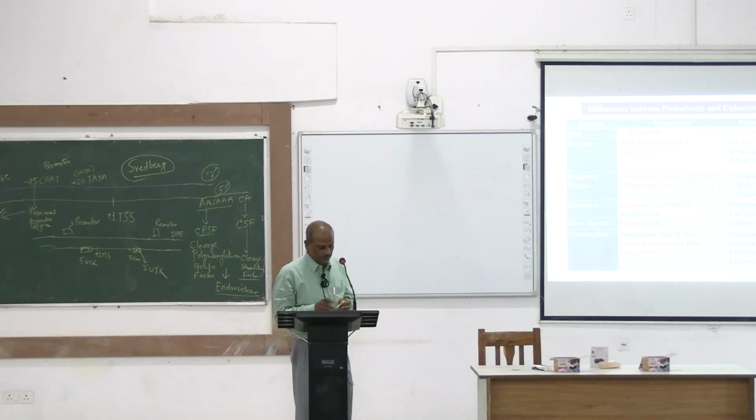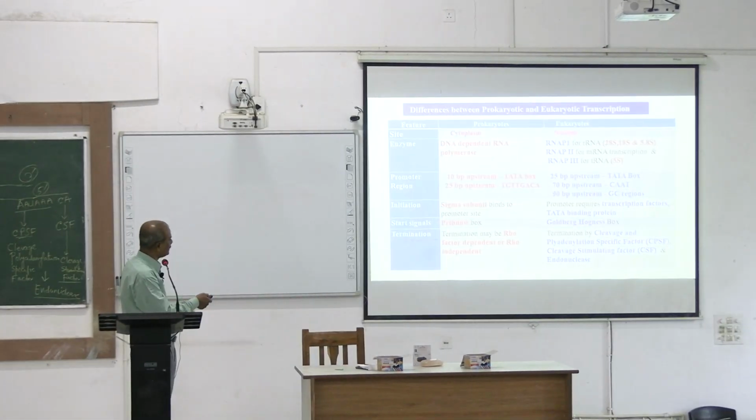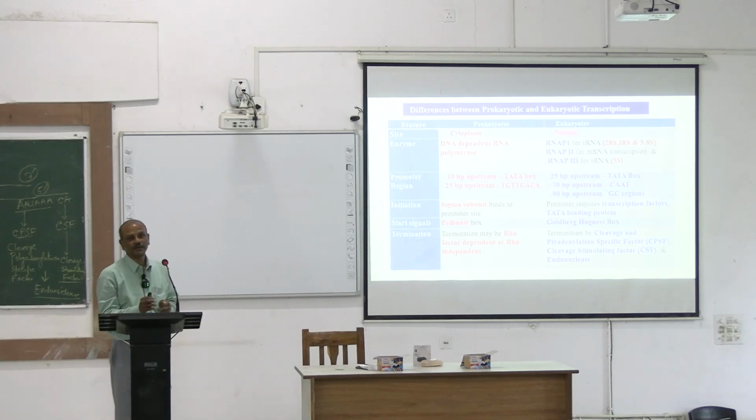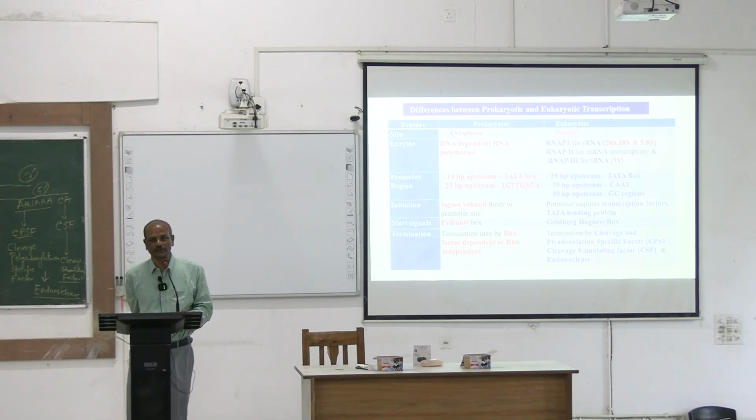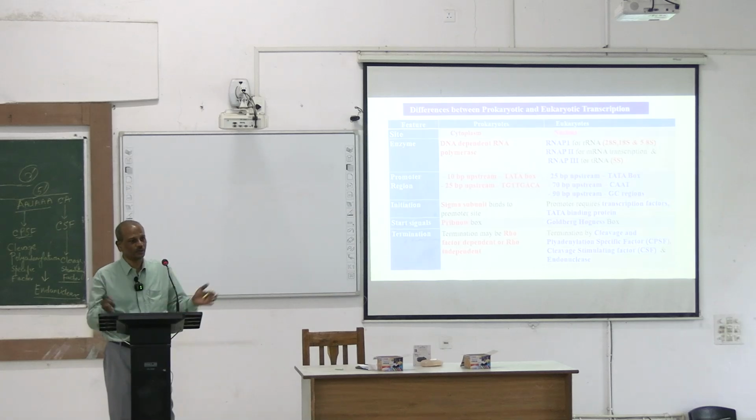So as I told you, this is one enzyme, this is three enzymes, and the promoter region was 10 base pair upstream here, and the second one was 25 base pair upstream. That is 25, 70 and 90. But 25, 70 and 90 are not fixed, honestly speaking. This can vary a little bit from protein to protein, from mRNA to mRNA, because a huge number of mRNAs will be produced.